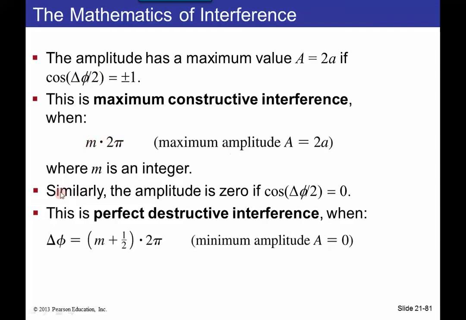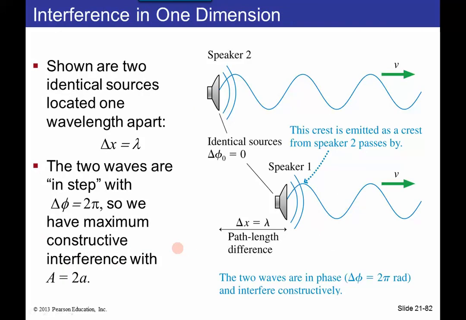This means delta phi equals m times 2 pi. Similarly, you'll get destructive interference when the cosine is 0, or when delta phi equals m plus 1/2 times 2 pi. So this is the condition for maximum constructive interference, and this is the condition for perfect destructive interference.